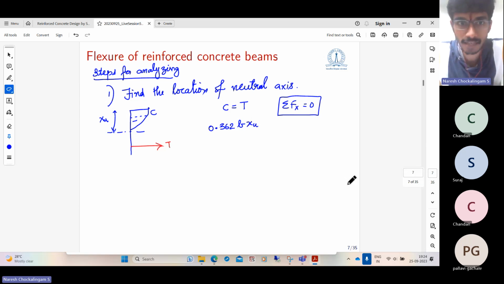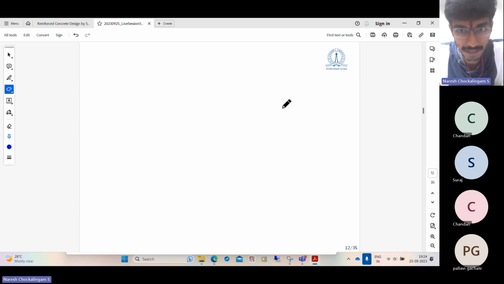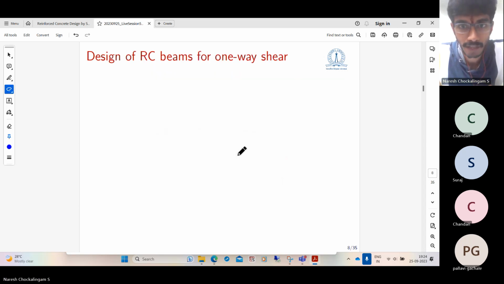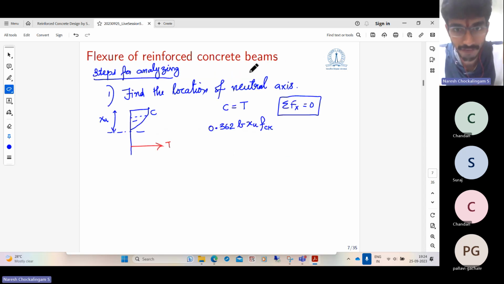Right. So this is given by the code. It's a simplified procedure. If you assume it is a parabola followed by a rectangle and do the integration, this is what we get. So it is 0.362 times B xu fck. You can see that also given in this question. So 0.362 times fck into xu, multiplied by the B. So this is the total compressive force.